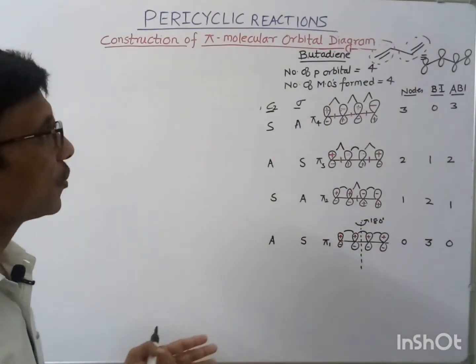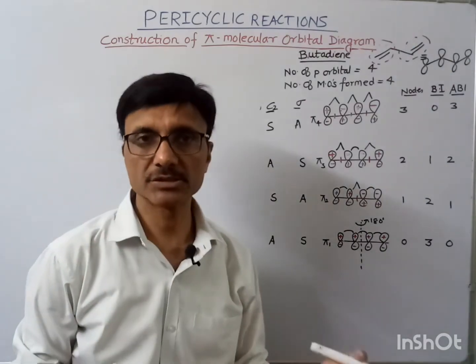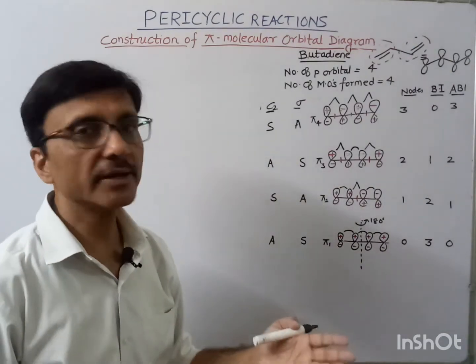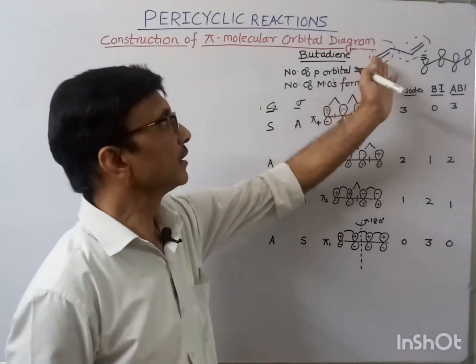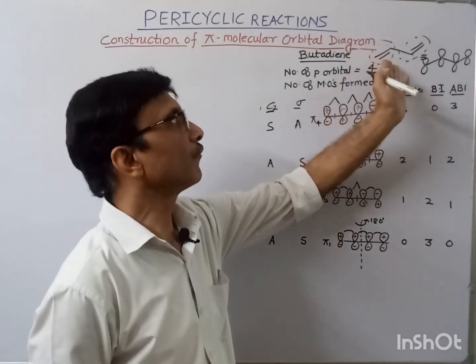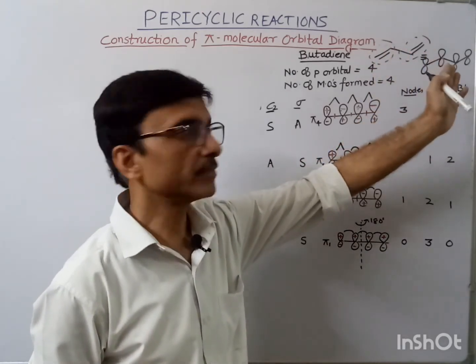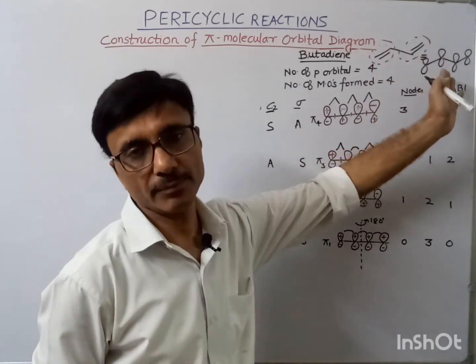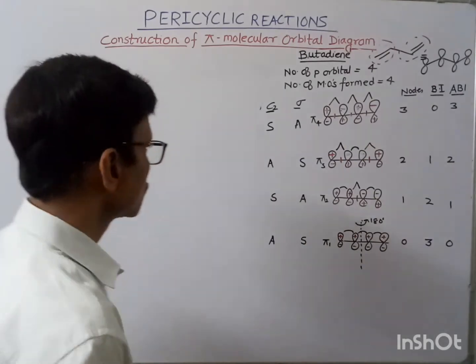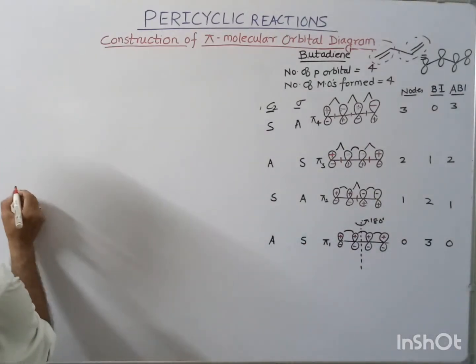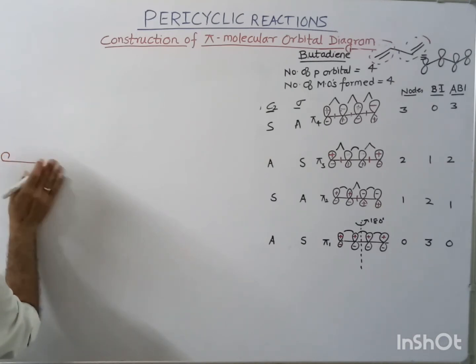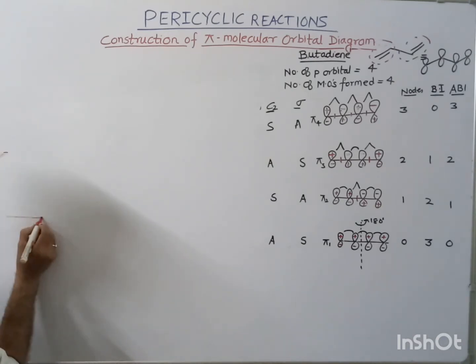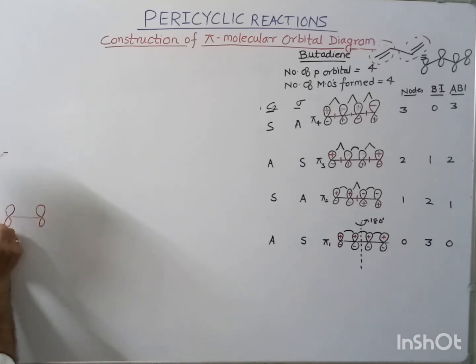So let me draw this pi molecular orbital of butadiene in another way. When we combine the molecular orbital diagrams of two ethene systems, we should get the butadiene molecular orbitals. These are the two ethene systems. Suppose I draw it in this way. This is our psi1.